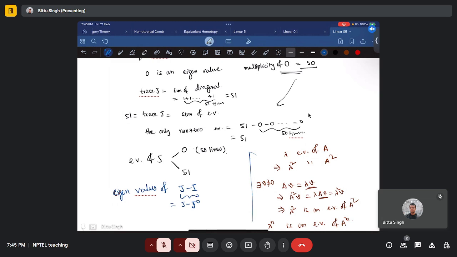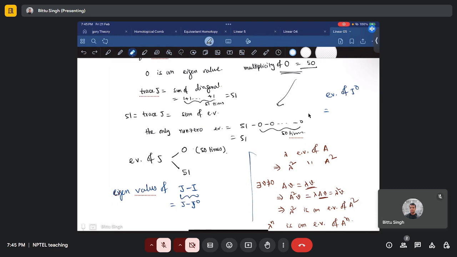What are the eigenvalues of the identity? The eigenvalues of the identity are all 1. The eigenvalues of J are 51 and 0.